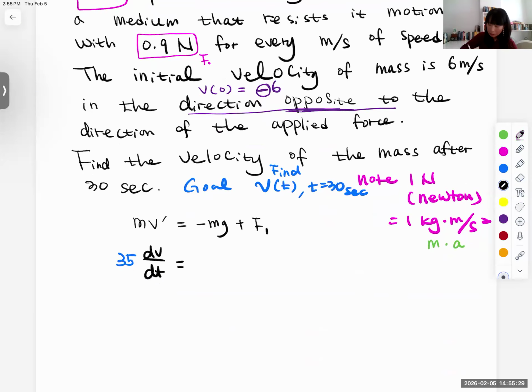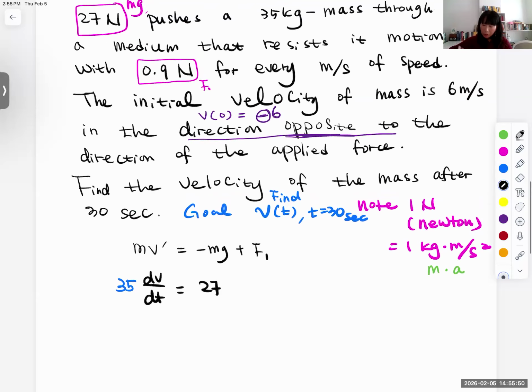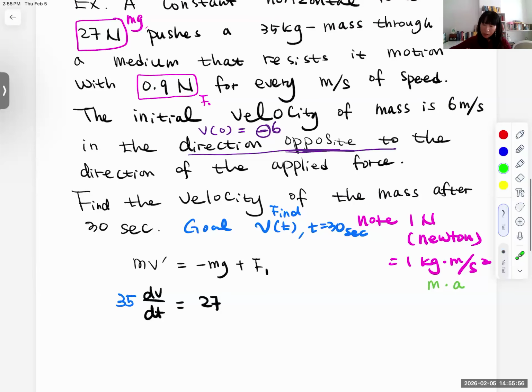So 27, and then the resistance, so we have 0.9. They say it resists motion with 0.9 Newton for every meter per second of speed.